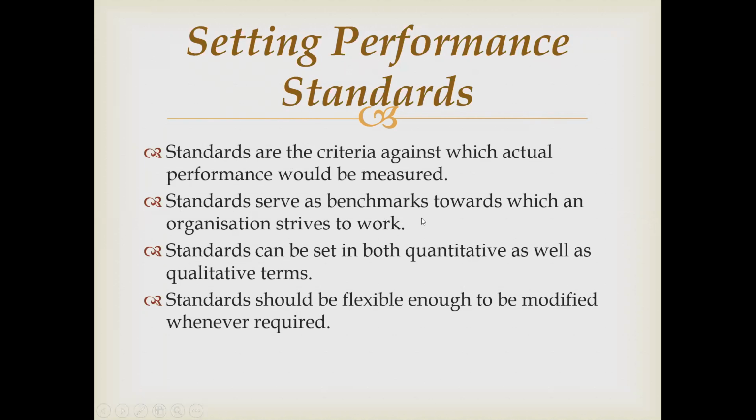They serve as a benchmark towards which an organization strives to work. जो हमने standards set किए होते हैं, all the year long the organization works in order to achieve those standards.